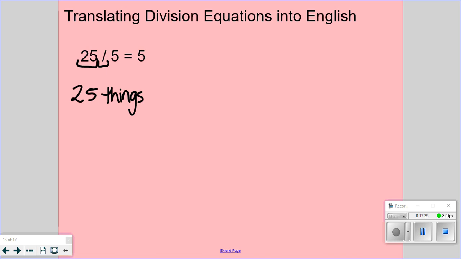Put into, keep going. Yep. Specifically, there's a little caret, equal groups. We've got 25 things put into some equal groups, blank equal groups.